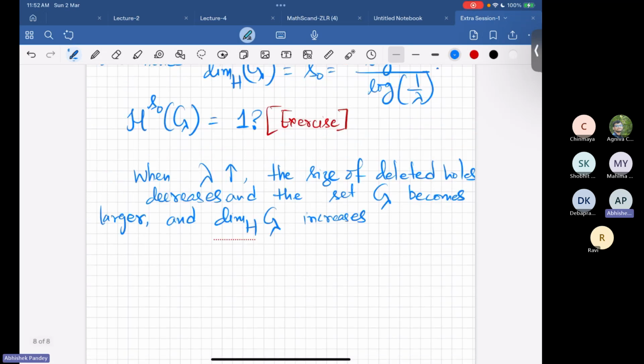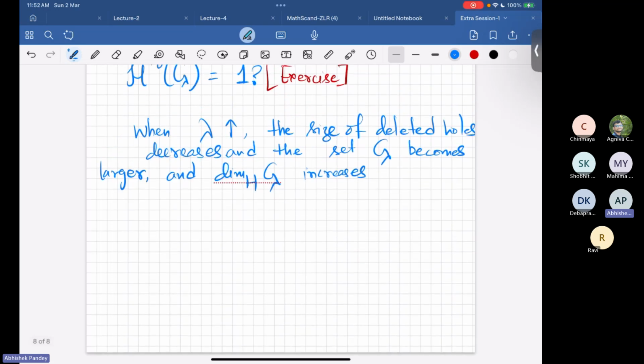So if lambda converges to 1 by 2 from the left, S will go to 1, and if lambda goes to 0 from the right, S will also go to 0. Since H^s is continuous with respect to this S, what does it mean?